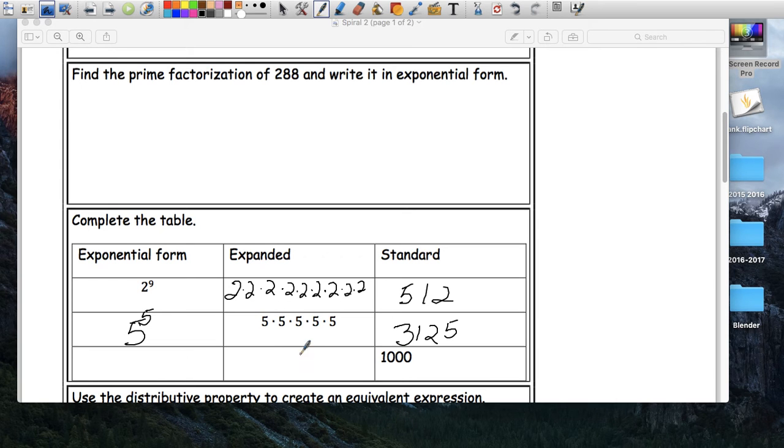Because 10 times 10 is 100, and 100 times 100 is 10,000. And this is 1,000, so no number multiplied by itself. So this one I made a mistake. There is no number out there that multiplied by itself, however many times, gives you 1,000. Okay, so leave it blank.